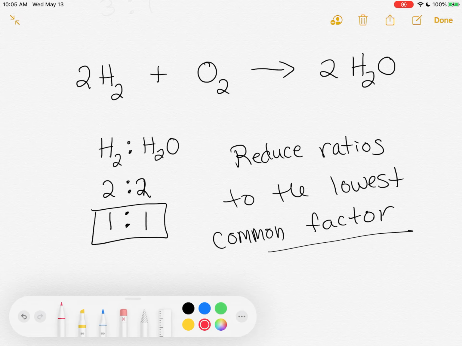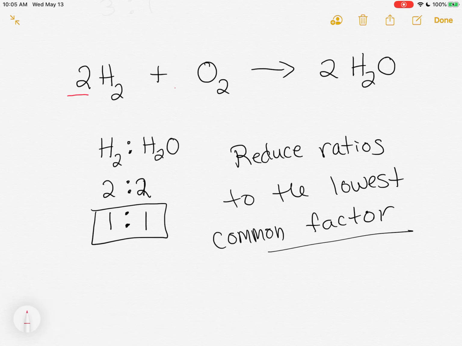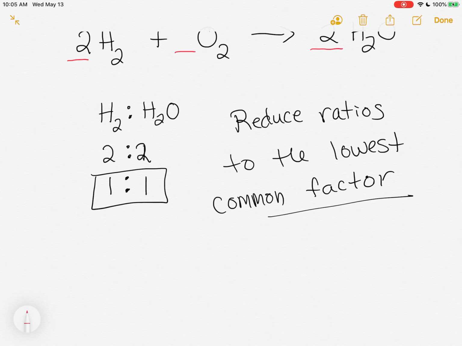All right, now when we're looking, let's just keep this same reaction here. So we have a 2 in front of our hydrogen, a 1 in front of our O2, and then a 2 in front of our H2O. And so we can actually use this mole ratio to convert between moles of one type of substance to moles of a different type of substance.